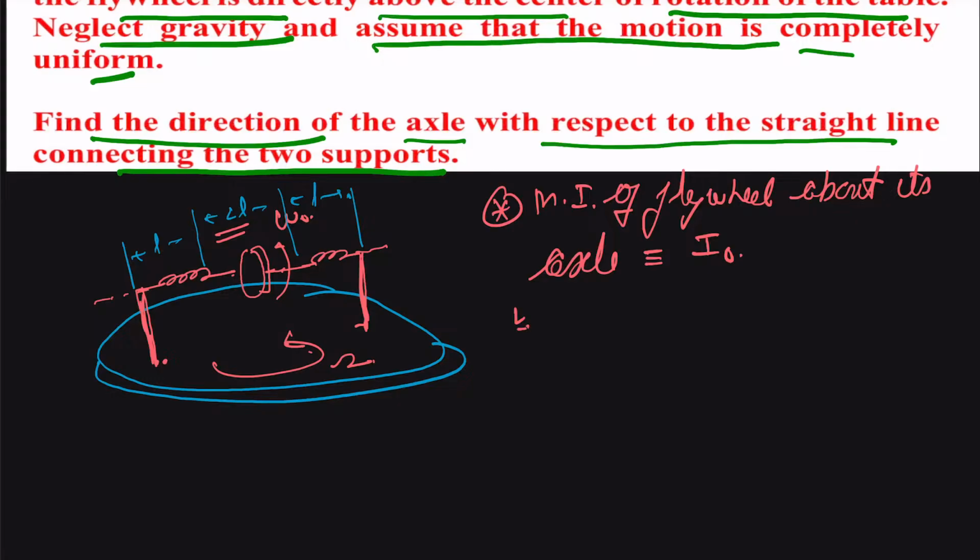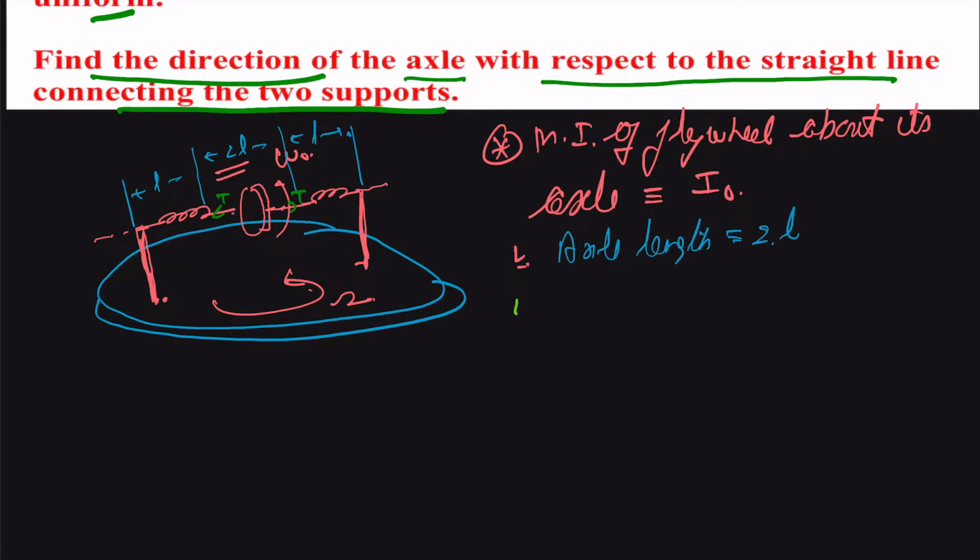We are given that we have the axle length, which is 2L, and also that it is attached to the spring, and let us assume that the tension in the spring is T. So we are having T tension in this spring.